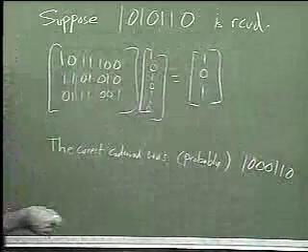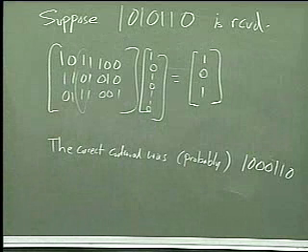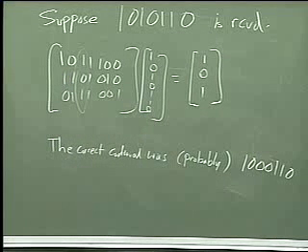I flipped the third bit, and you can check that's the correct code word. It's Hamming distance 1 from what was received.